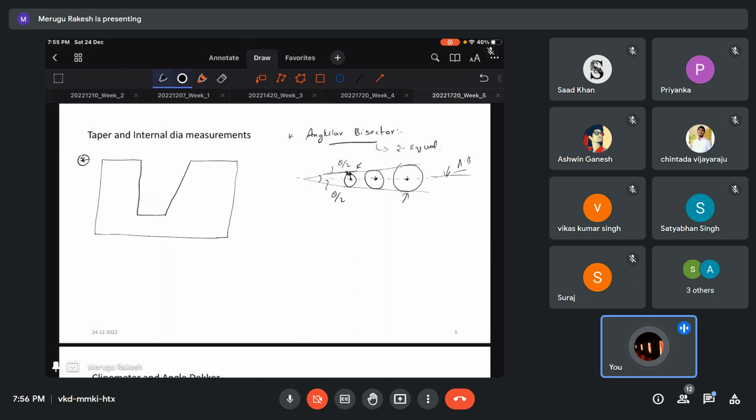As you can see, there is an angle theta here. Suppose in this case I use two balls. This is one, and one more.